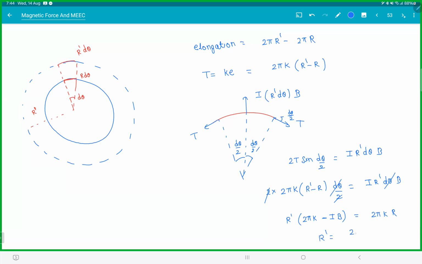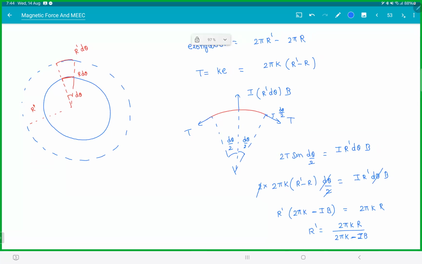So r dash is equal to 2 pi k r by 2 pi k minus IB. Now if you look at this, if the denominator becomes 0, meaning this will stretch to infinity, meaning this will never stop. So they can ask the condition also. Find the condition for stable equilibrium. That is 2 pi k must be greater than IB.